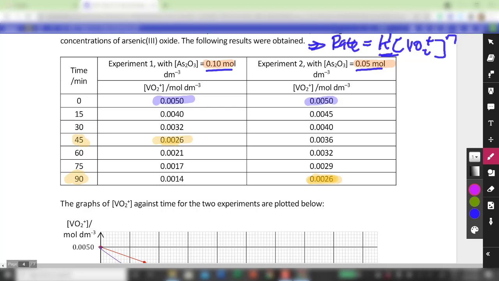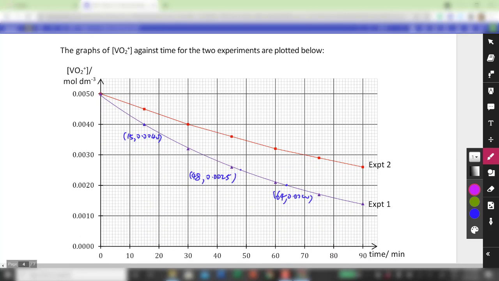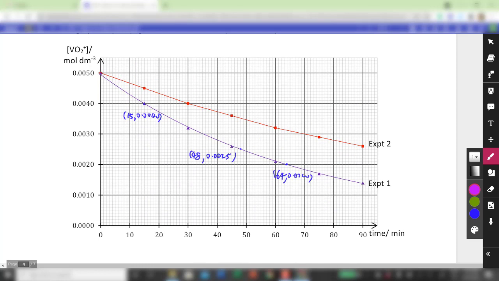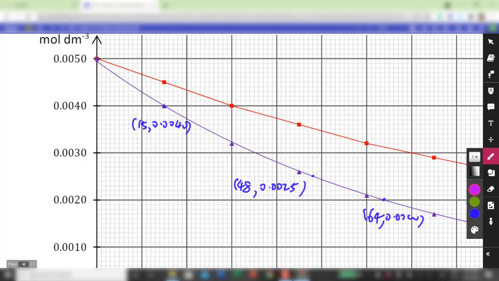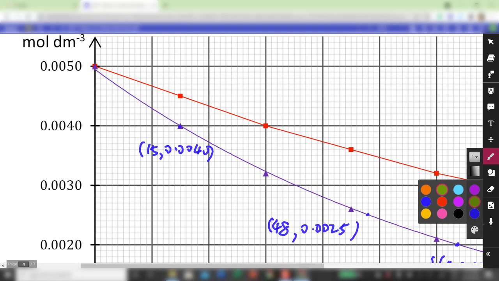You still need to work on your graph. So in this case, you still need to draw the tangent for experiment 1. I can't exactly draw the tangent using the stylus, but if you roughly get what I'm trying to say, you have to draw this tangent, and then you have to draw the other tangents.